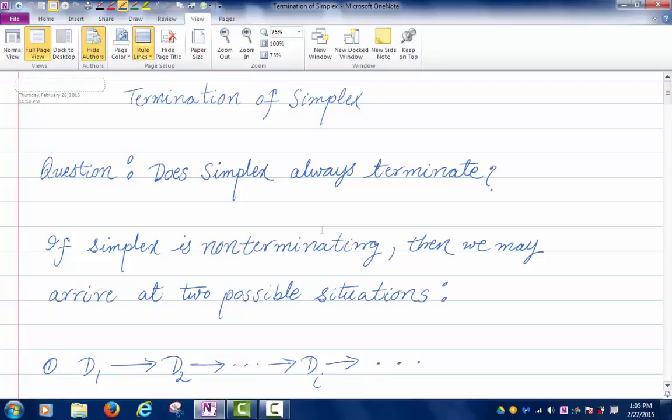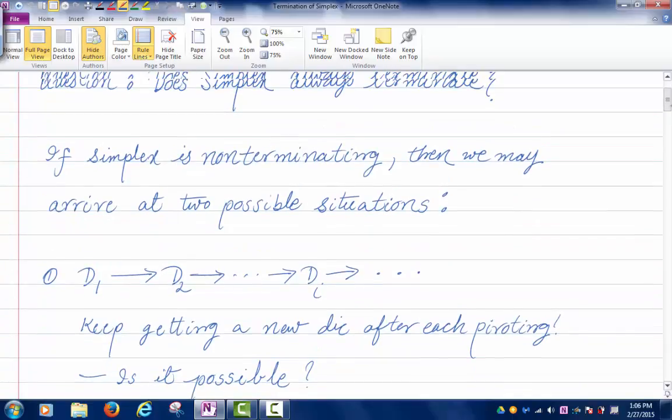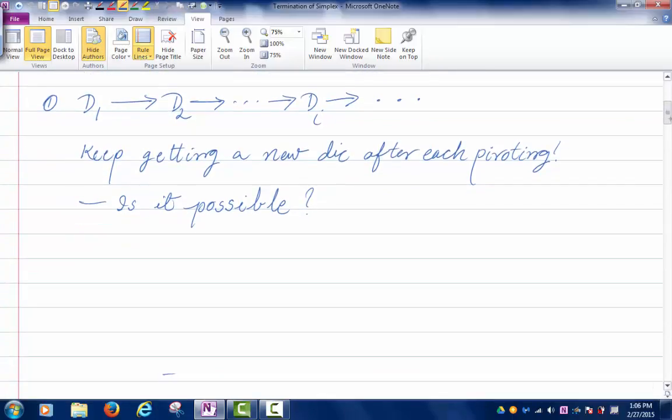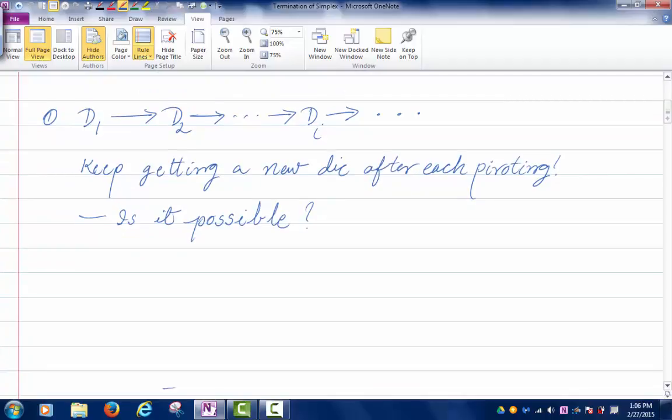So if simplex is not terminating, then what can we say? Well, there are two possibilities. One is possibility 1, and in this possibility we keep getting a new dictionary. After applying the pivoting operation, you always get a new dictionary.